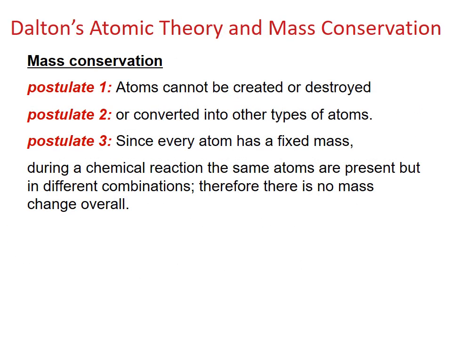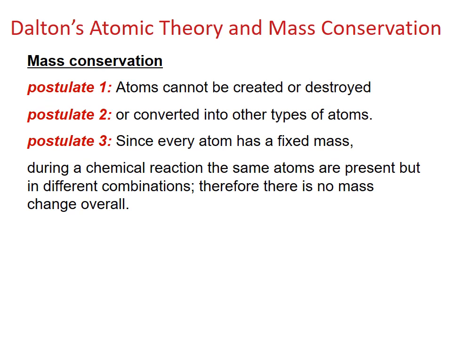Let's see how Dalton's theory explains mass conservation. Postulate 1 says atoms cannot be created nor destroyed. Therefore, a chemical reaction cannot change the total mass. Postulate 2 says that an atom cannot be converted into other types of atoms.